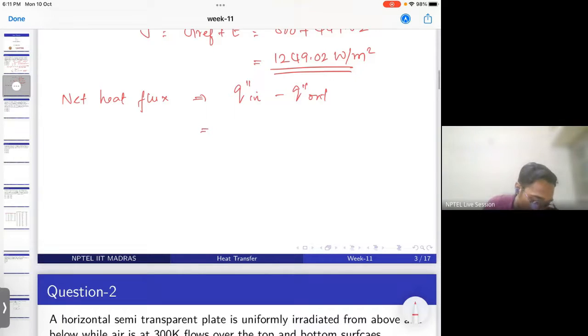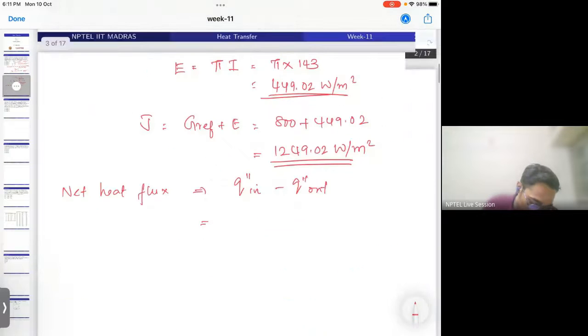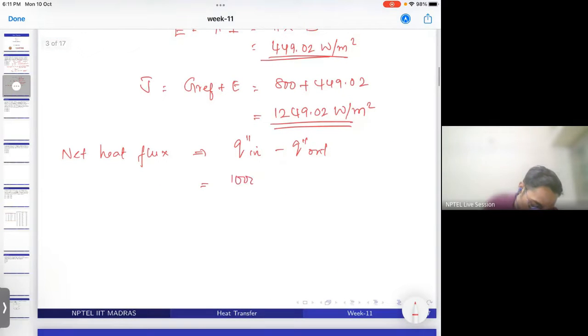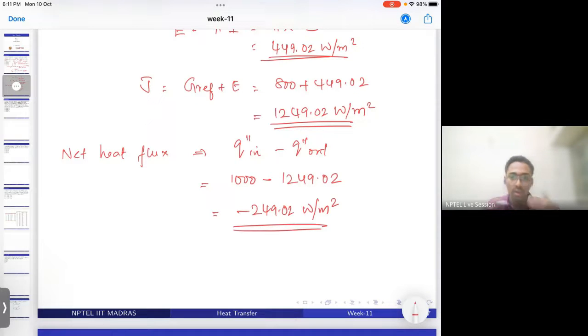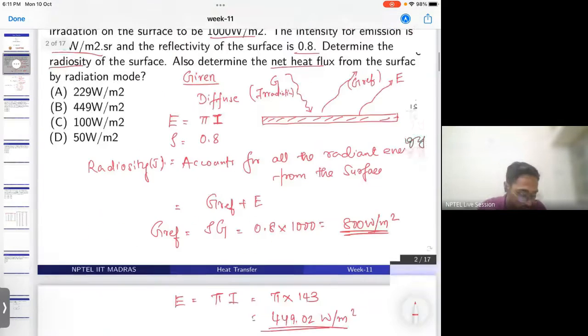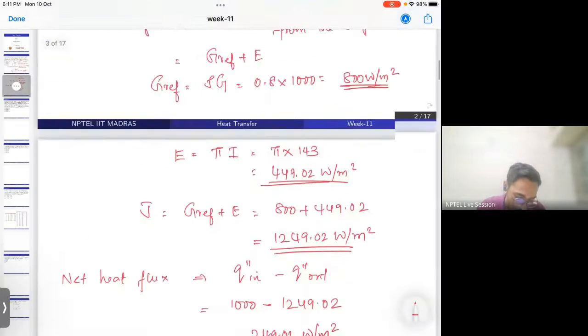That is the irradiation, which is given, 1000 watts per meter square, minus the energy leaving the surface, that is 1249.02. So the net heat flux going out of the body we can write as minus 249.02. Why is this negative? Because the body is losing heat. It's not gaining heat; the surface is losing heat.